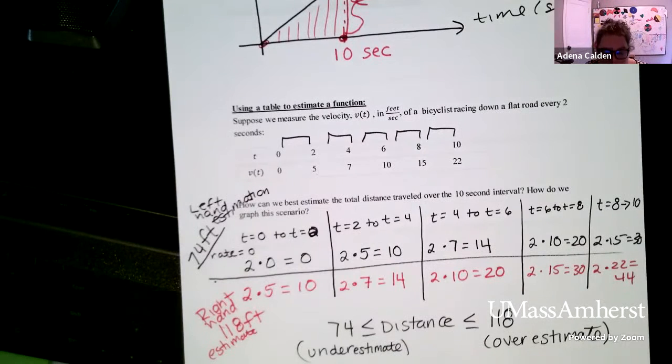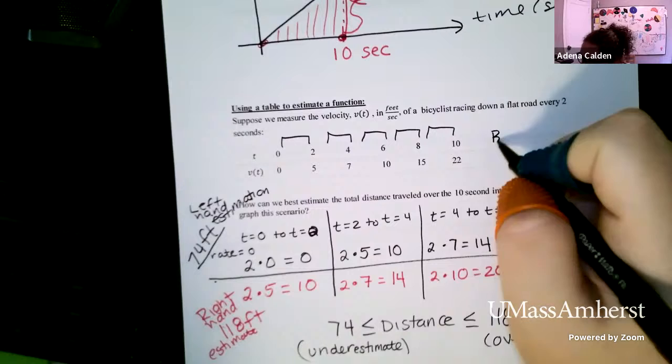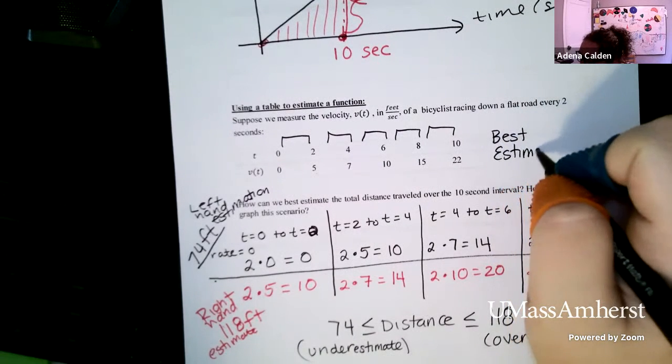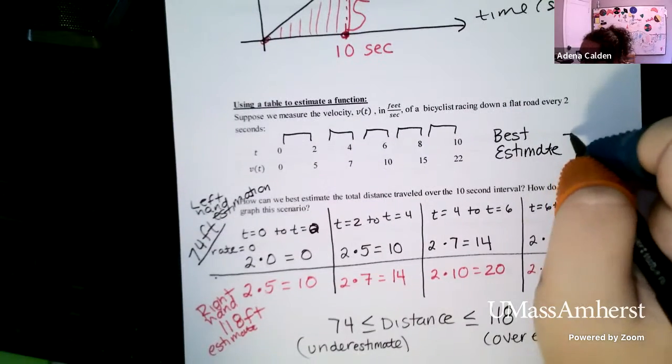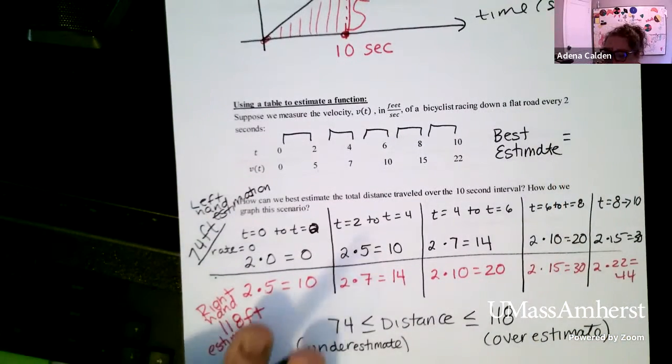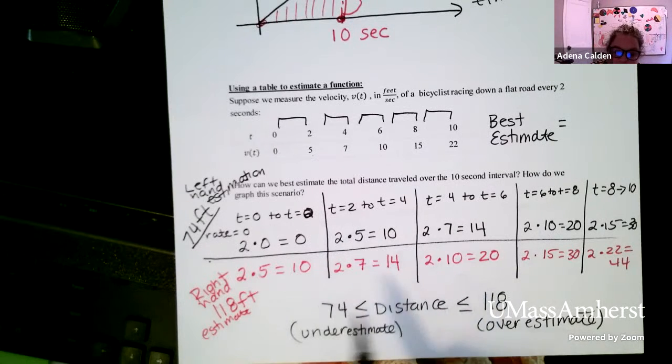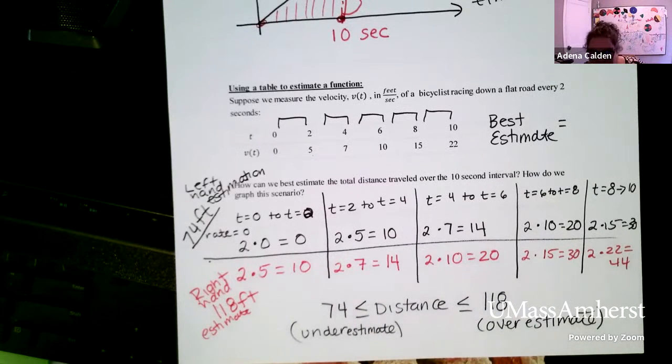The other thing we can do with these is to find the best estimate. And when you see the words best estimate, that means you are taking the information you have and making a best guess, right? And the best guess is going to be to find the midpoint by just averaging these two numbers together, right?